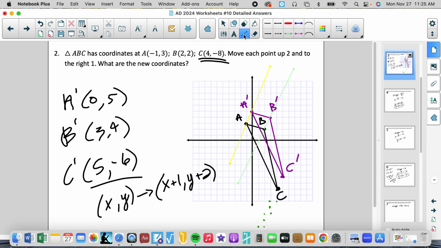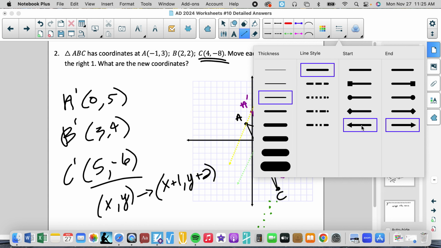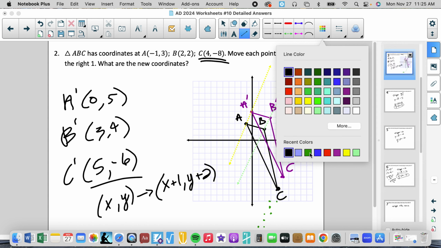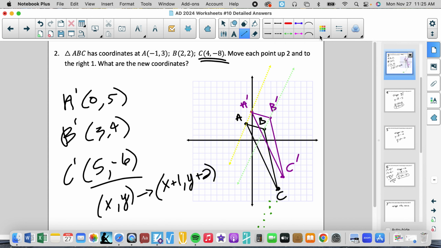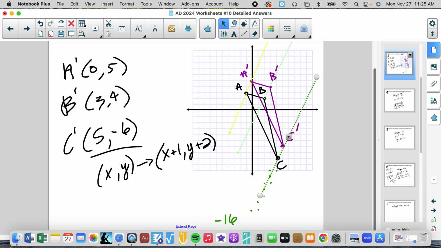So if we had to draw that just to lock it in, let's draw those points. Those are the points. So something like that.